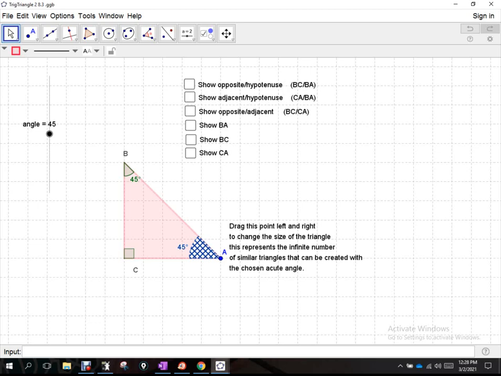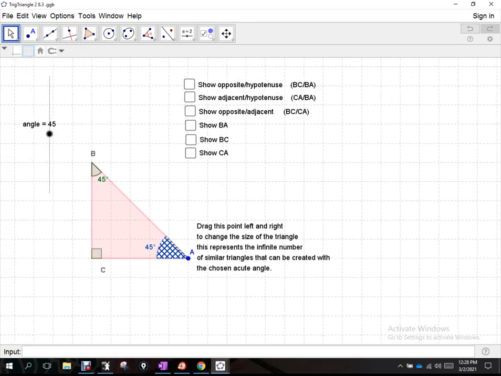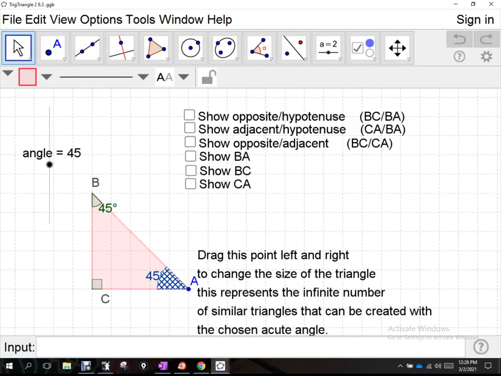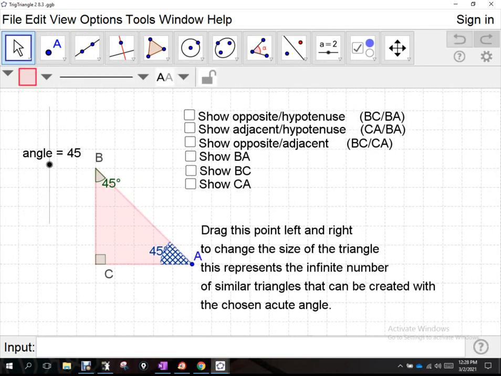Right here I've got, and these are again using values that maybe we're comfortable with, that we're familiar with, 45 degrees, which is from special right triangles, an easy angle to understand. This side BC should be n, and this should be n, right? And this is n radical 2, correct?